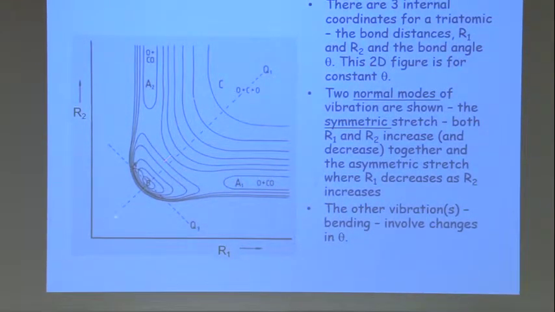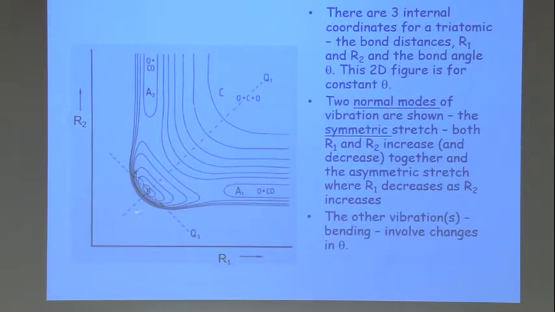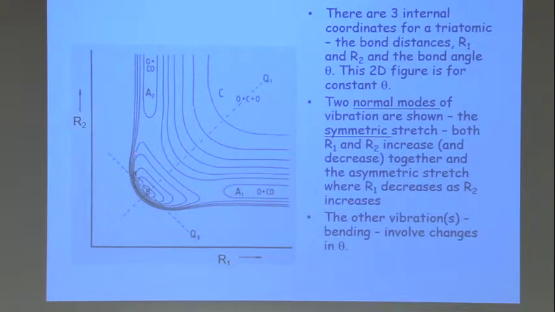And vibration along there corresponds to the symmetric stretch. If we give it more and more energy, it will dissociate into O plus CO, or O plus CO over here. If we go along the symmetric stretch and put more and more energy into it, then at much higher energies we can eventually generate O plus C plus O.